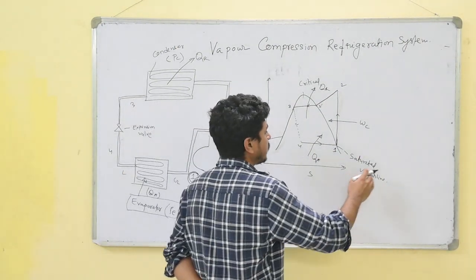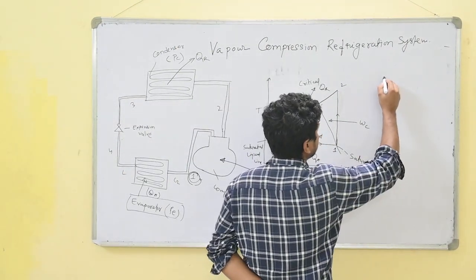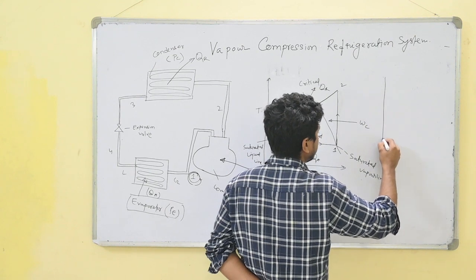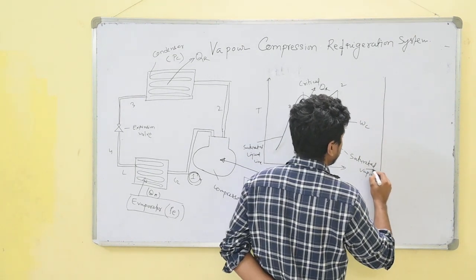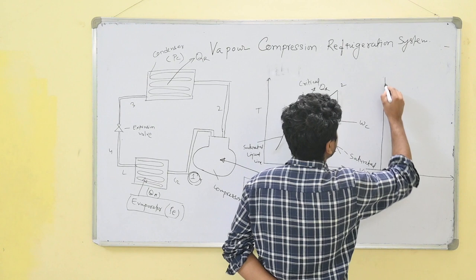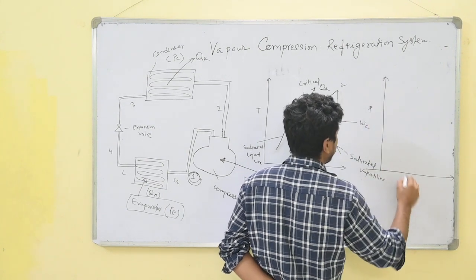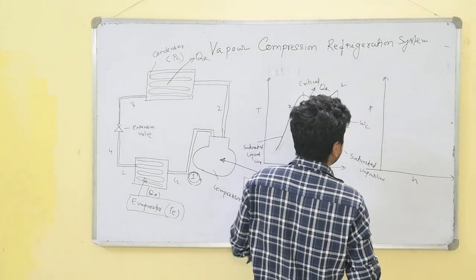So at first we draw the pH diagram. P for pressure and H for enthalpy.